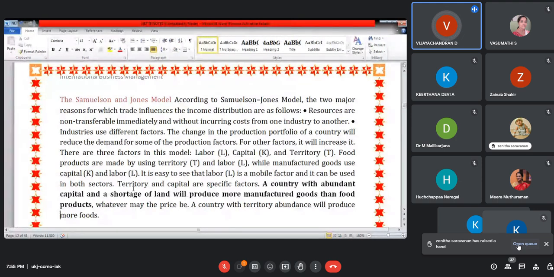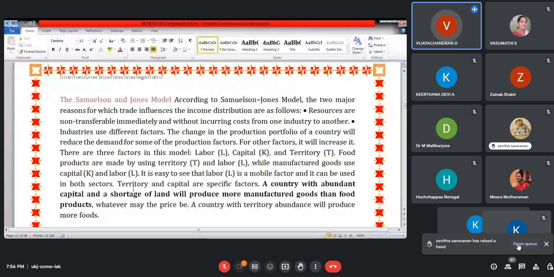Factor theory means that in international trade, the trade is purely based on the factor available in one country. Say for example, in India, our export of product will be based on labor-oriented products, as you know. In our country, labor force is available more compared to other countries.